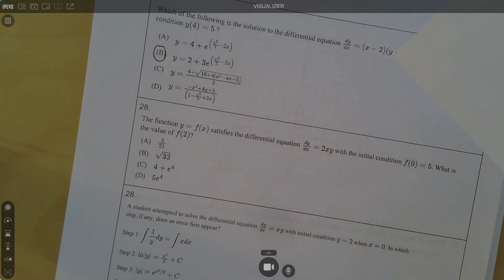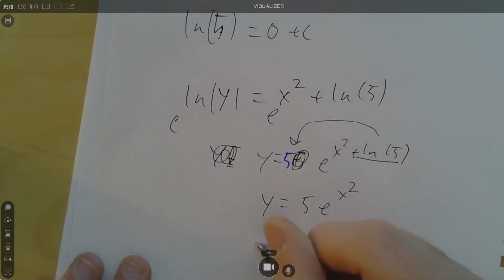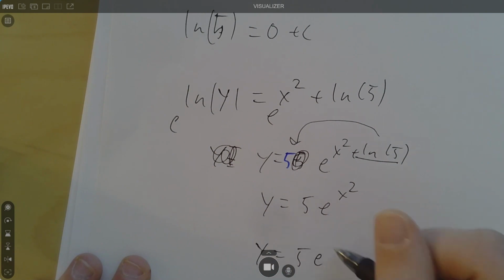So we're not done yet. This is asking for the value of f of 2. So when you plug in a 2 here, I'll get y equals 5e to the 4th. So it's D.